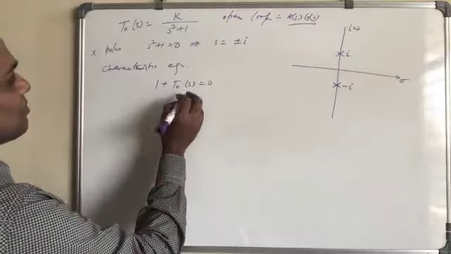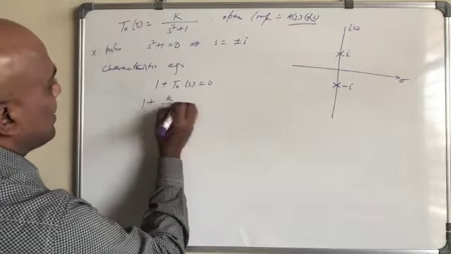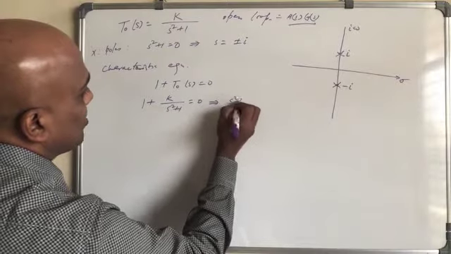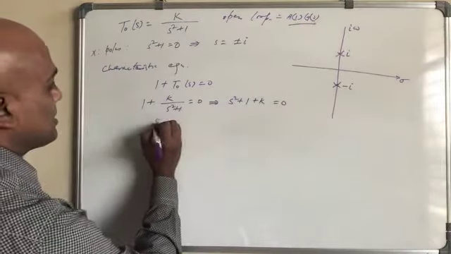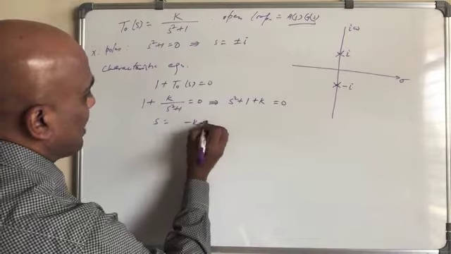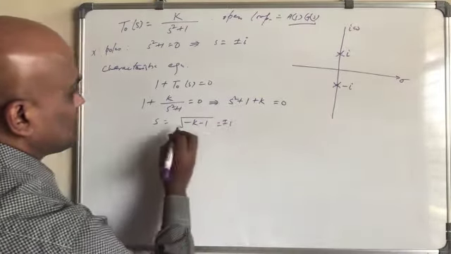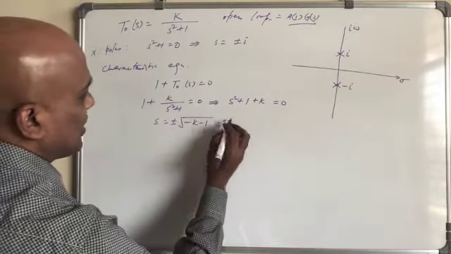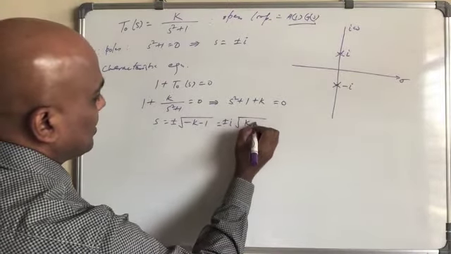That really means 1 plus K over S square plus 1 equal to 0, and hence we get S square plus 1 plus K equal to 0. So S equal to plus minus i root K plus 1.